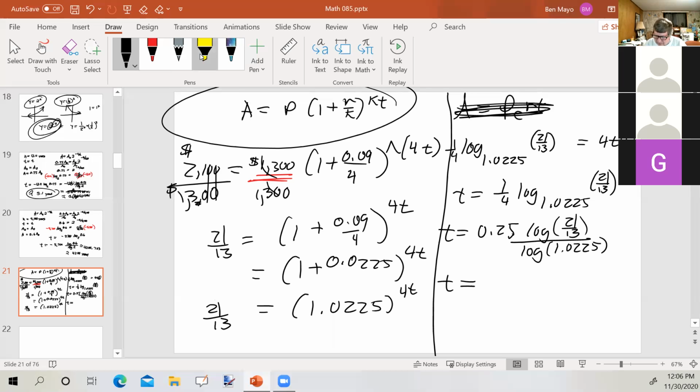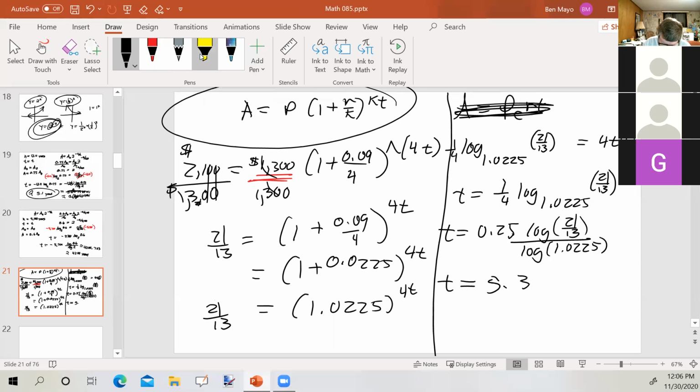But before I do that, any questions about any of the steps? No. All right. So 0.25 log of 21 divided by 13, close that up, divided by log of 1.0225, close that up.